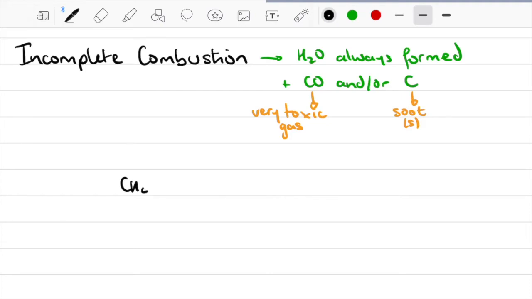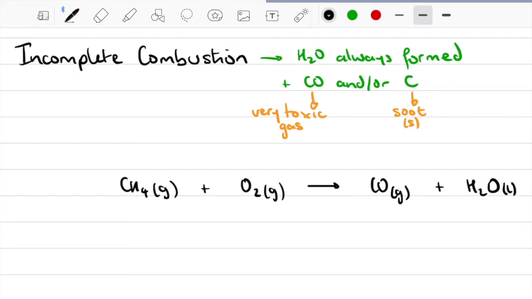So we've got methane. And that's obviously a gas, and it's reacting with oxygen. So that's a gas. I'm going to leave the balance for the moment. Now I'm making carbon monoxide in this example, and I'm making water because we always get water. If I look at it, I've got 1 carbon and 1 carbon, so I don't need to change anything there.